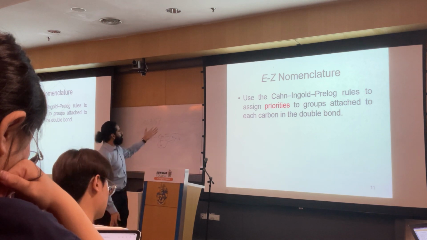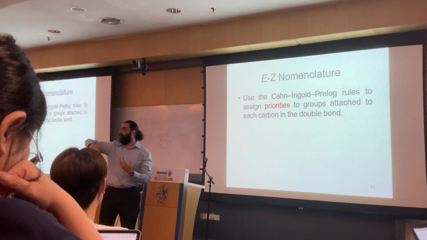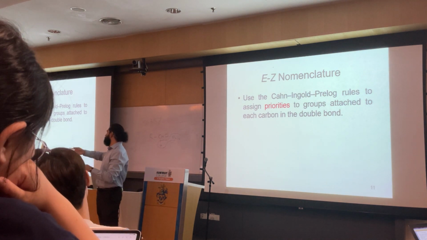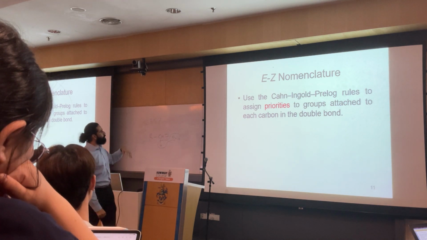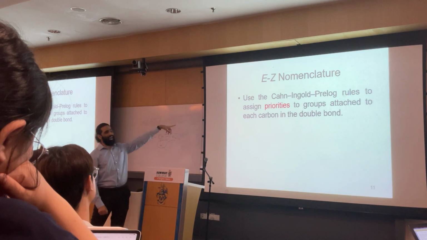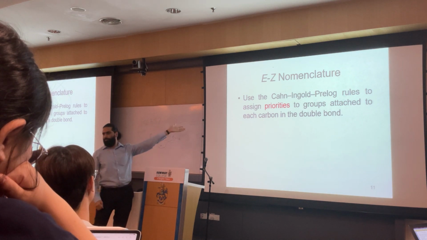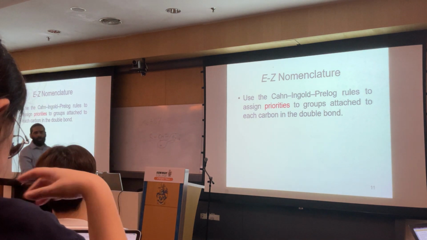So within this body there are different conventions, like a constitution will have different conventions and different alterations and moderations all the time. So one of those conventions is called the CIP convention, and that comes from the names of these three scientists, Cahn, Ingold and Prelog.